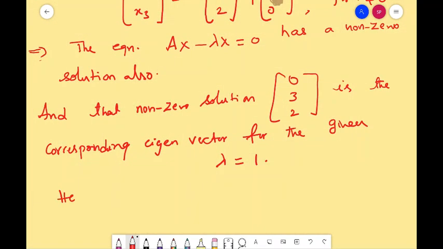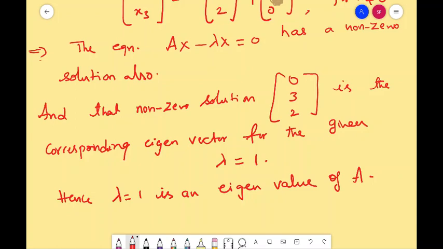Hence, lambda equal to 1 is an eigenvalue of A. This is the way we determine whether a given value is an eigenvalue or not.